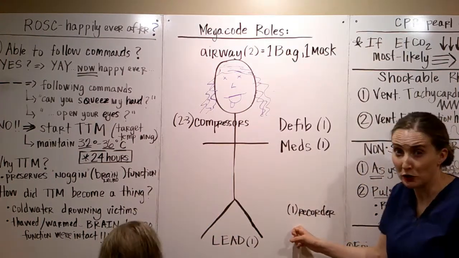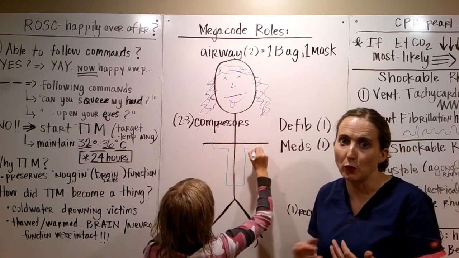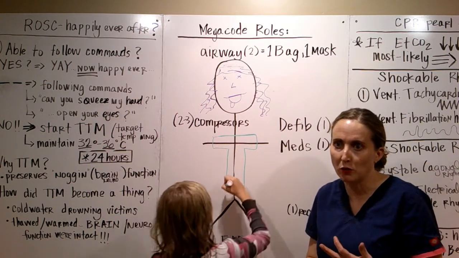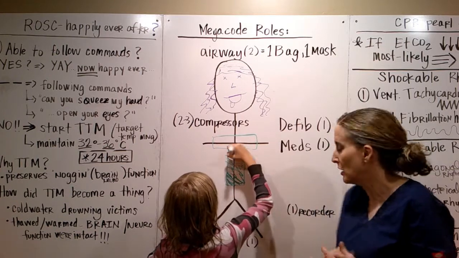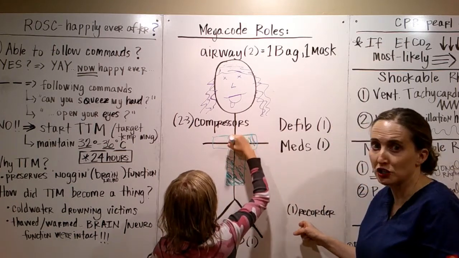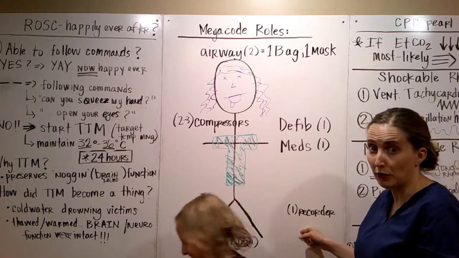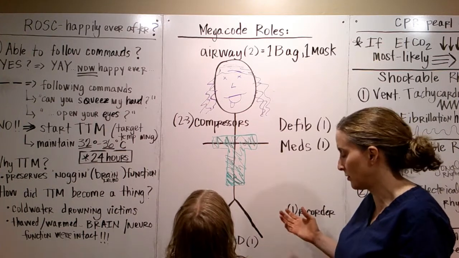Then we have one person doing the recording, keeping track of when we last shocked, how long it's been, and when we last gave a drug, because we have to time our drugs just right. They also track when CPR was resumed, what type of rhythm we have, and when we resume CPR and shocking.